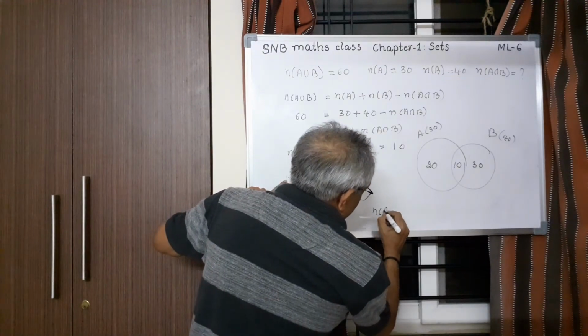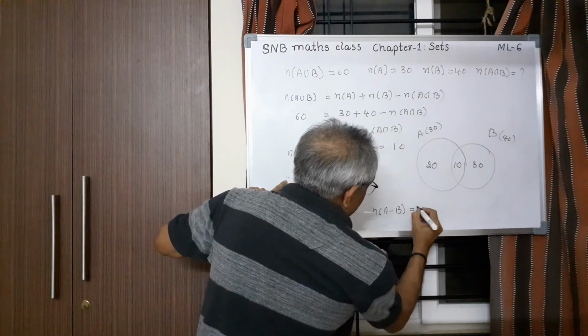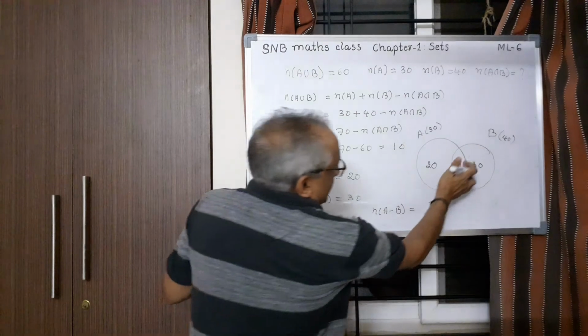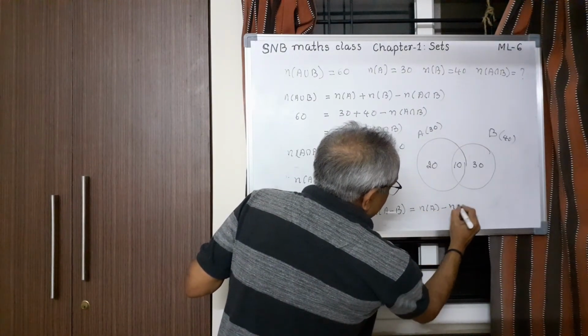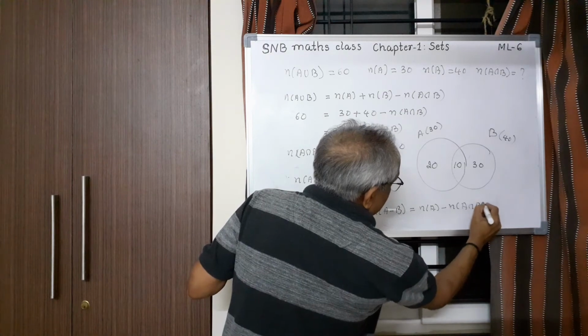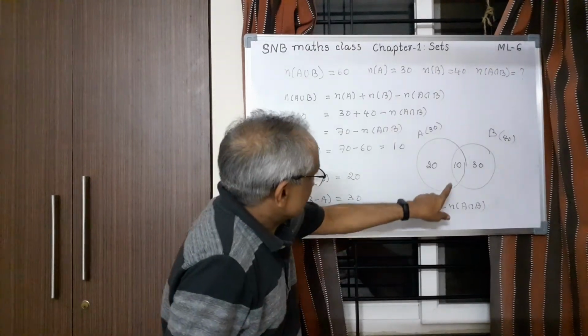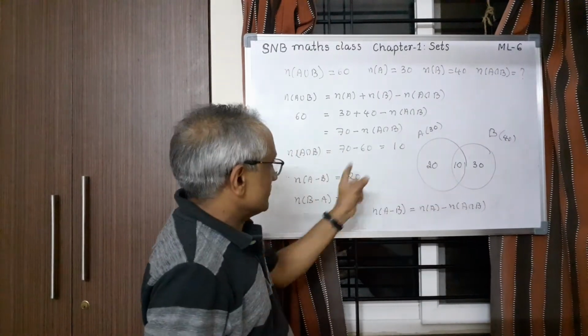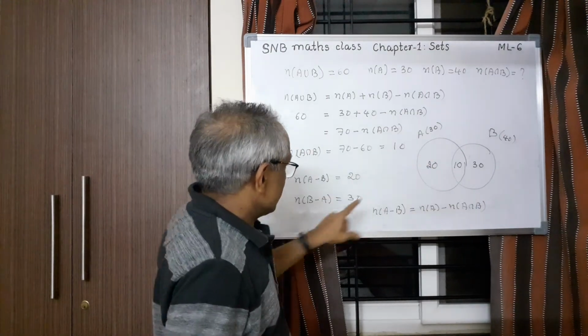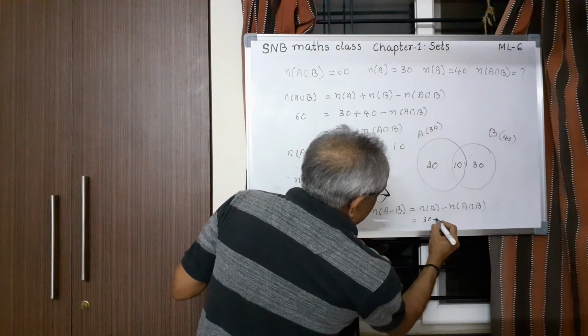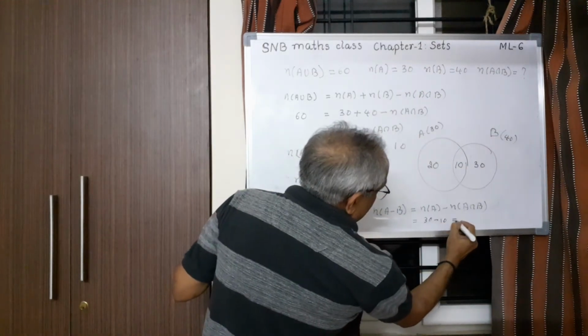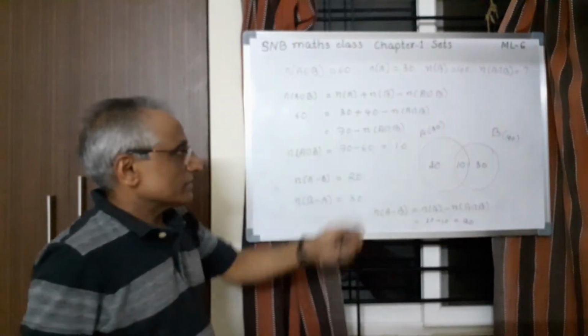Number of A minus B is equal to number of A minus number of A intersection B. That is, whatever element is common, that you have to subtract. So that will be 20, because number of A is 30 minus the common elements 10. Like that you can also calculate for B.